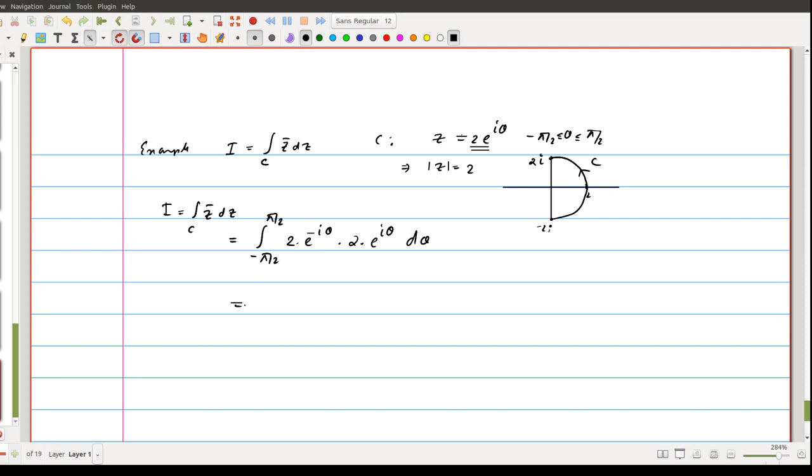This can be simplified: 4 can be taken out, then from minus pi by 2 to pi by 2, e to the power minus i theta times e to the power i theta will be 1, so we can write it as 1 d theta.